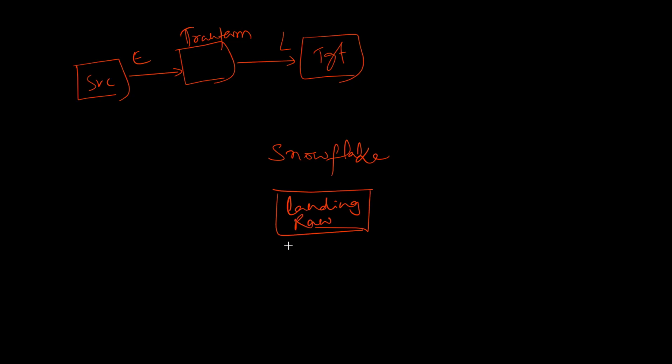Before that, in Snowflake we have stages. We have two types of stages: internal stage and external stage. We'll be covering the internal stage only here, and the external stage we will cover later. First, we are going to use the internal stage to accommodate our files.